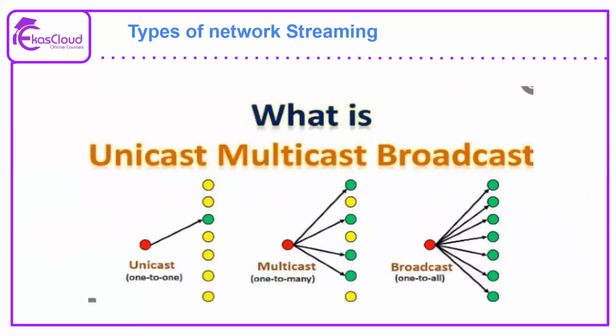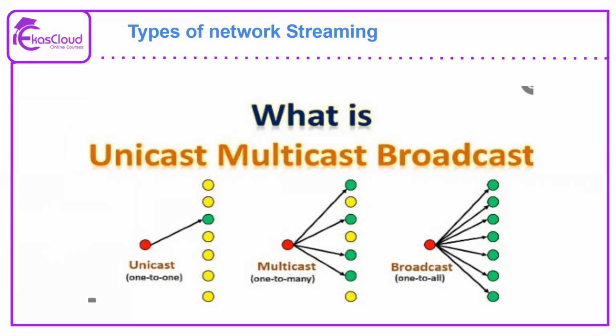Okay, so we are going to look at the types of network communications. There are 3 forms, which are unicast, multicast, and broadcast. The 2 important ones as far as cloud computing is concerned are unicast and broadcast. So what do you mean by unicast? Unicast is one-to-one communication.